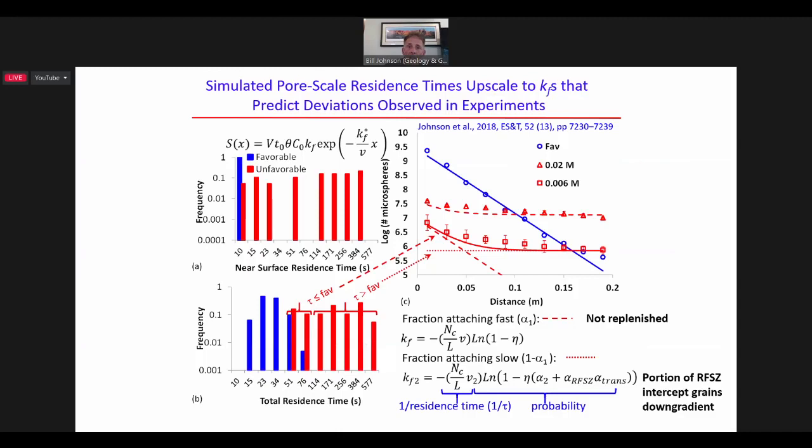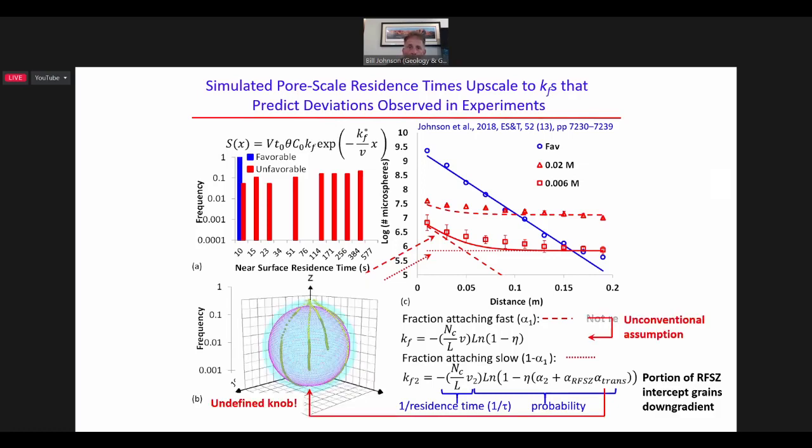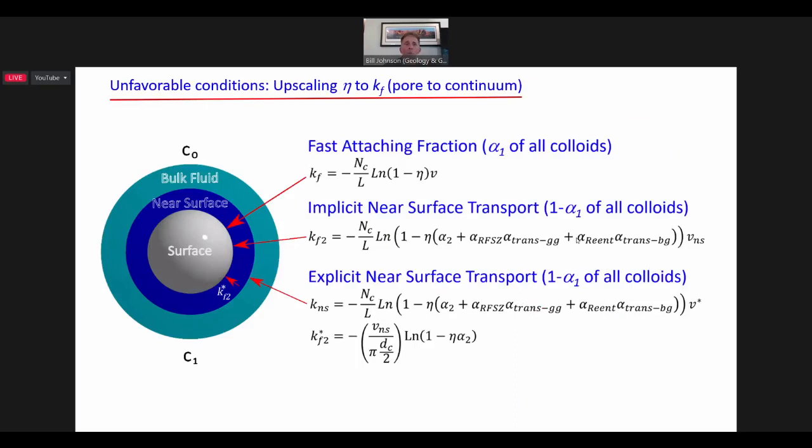And we can take those two populations and make predictions, okay? And I probably should do this slide first. I have these out of order. Let me go forward. The way we do that is expand this analysis that I showed you above. Instead of just talking about things getting to the grain surface, we can talk about the colloids getting to the near surface environment, where the repulsive barrier takes over and delays their attachment.